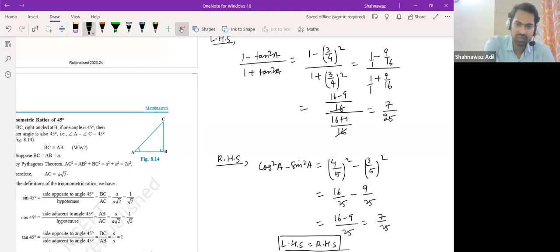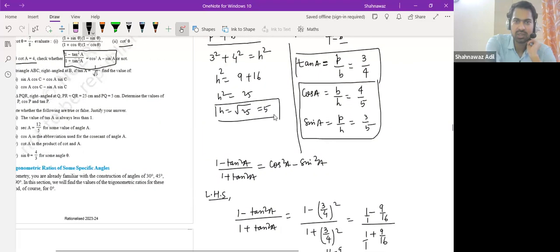Any doubt in this question, Amar and Shaima and Shweb? Hashid has done this problem already because he has sent me his homework. Any doubt in this question, guys? Okay, so please note it down. Quickly note it down.